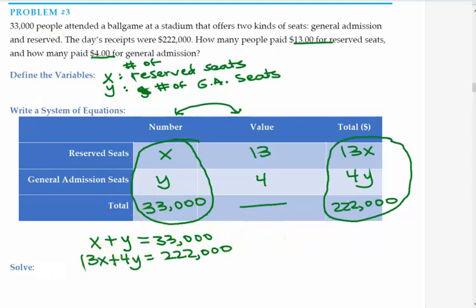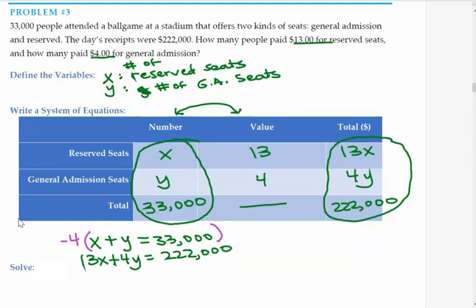Okay, so on this one, you could do substitution or you could do elimination. Both of them would probably be about the same difficulty. So I'm going to choose to do the elimination method on this one, but like I said, you could do either one. I'm going to take this top equation and multiply it by -4.